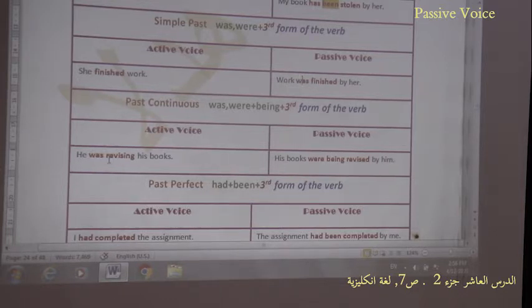In the past continuous passive, dear student, I need was or were, as you can see here. All the forms are written for you in green here. So was or were, depending on the doer of the action, whether it is singular or plural, and being plus the third form. His books is a plural noun, so we add were plus being plus the third form: his books were being revised by him.